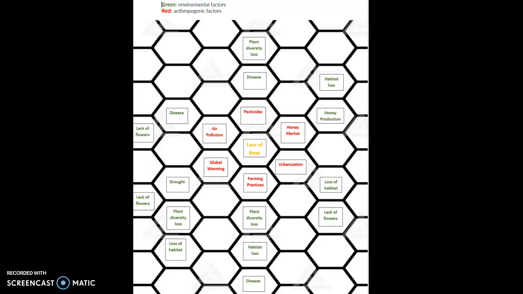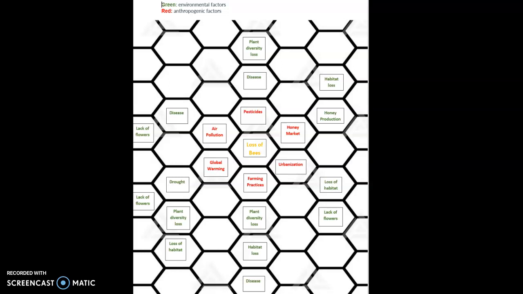So, with the honey market, for example, this is environmentally affecting honey production and habitat loss. And the urbanization factor is losing habitats for the bumblebees, and there's a lack of flowers for the bumblebees.